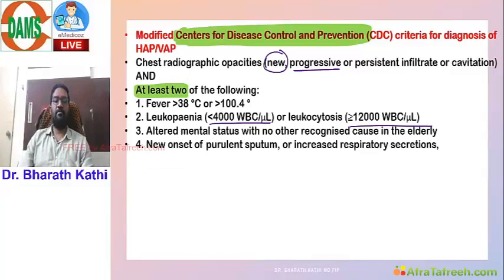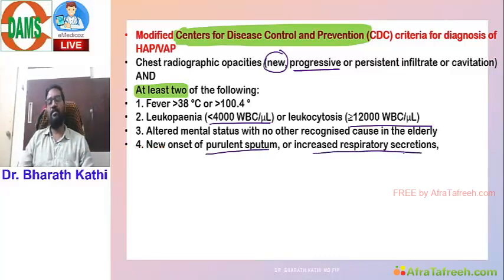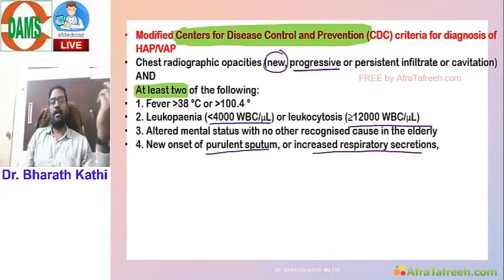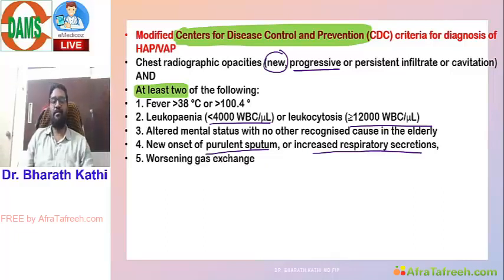And patient is having altered mental status. So new altered mental status with no other recognized cause in the elderly. And new onset of purulent sputum or increased respiratory secretions. Up to now the patient was comfortable. Now the color of sputum, from white it has become yellow, now yellowish brown. And also the amount of respiratory secretions has increased.